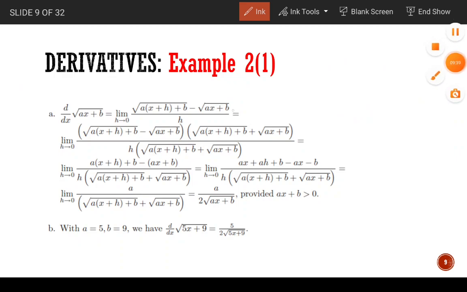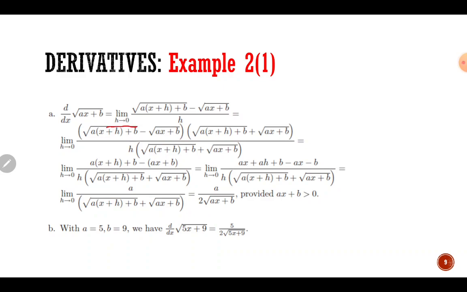Okay, so now dia punya conjugate dia benda yang sama. Ni kan kita ada square root A darab dengan x plus h plus b. Yang second term pula adalah square root ax tambah b. Bezanya yang ni negatif, so its conjugate become positive. Dan kita tak nak ubah function ni.